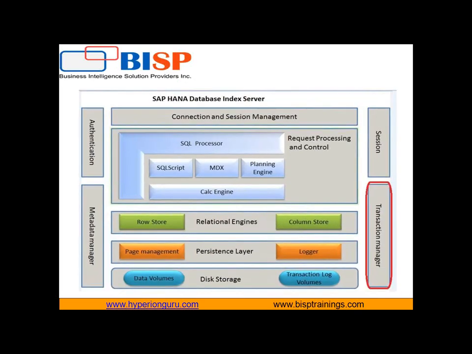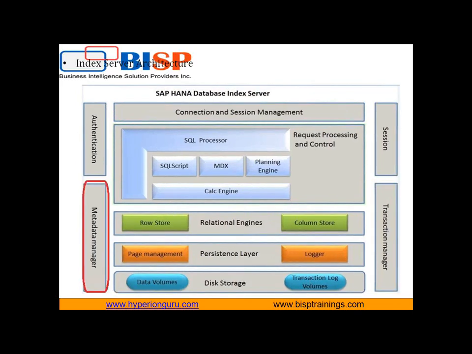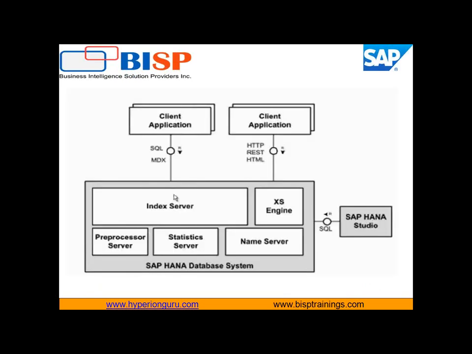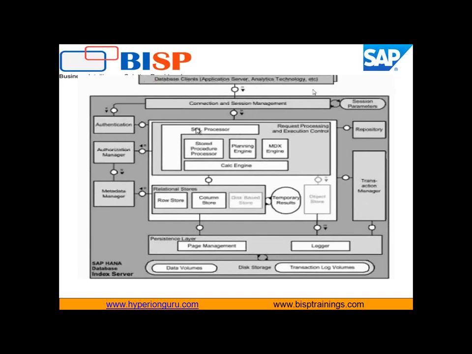Thus, the whole database view, how it is working, and what are the layers that we have at different stages. So let's see the same thing in a more communicative way.